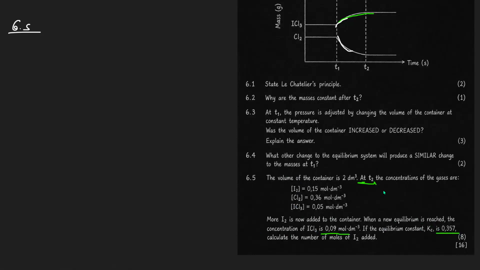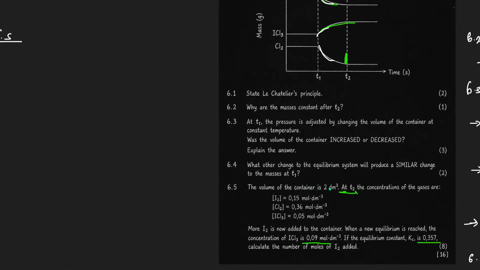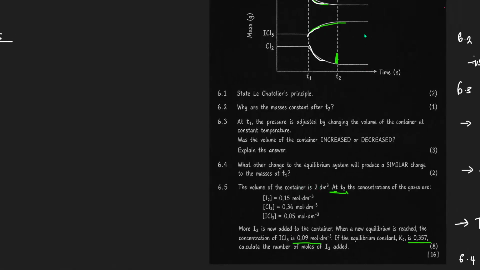So when we look at T2, that's going to be our new equilibrium, but that's also going to be our initial, since more I2 was added.